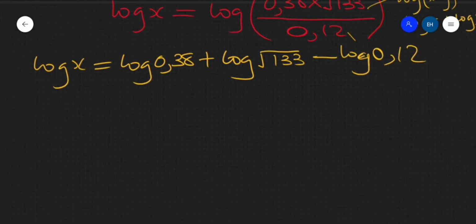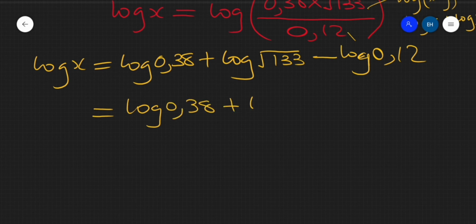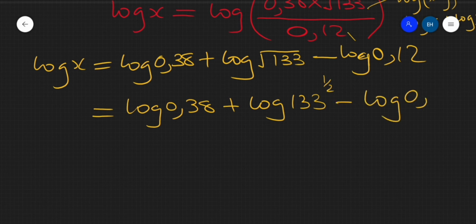We can simplify it further for log 0.38 plus log. We had to use a calculator at the end. Show all calculations. We had to use a calculator. I retract my statement. 133 to the power 1 over 2. That will be square root, minus log 0.12.